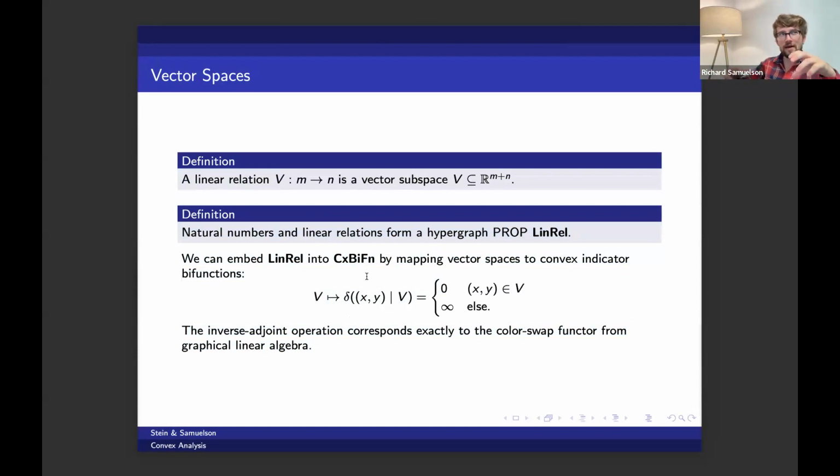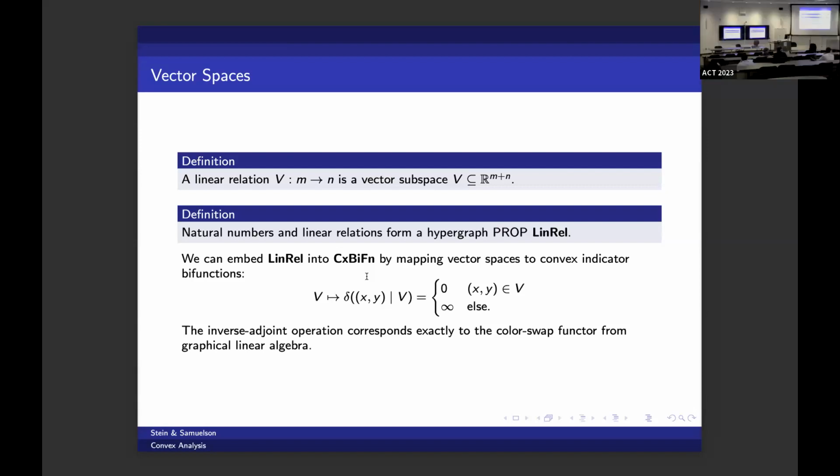Is the merge the indicator bifunction of the sum? No, the merge is the indicator bifunction of the merge in LinRel, which is not sum. It's like a transpose of copy, something like that. Okay, thank you. Yeah, so every linear relation can be represented, and this is kind of weird, as both a convex set, but also as a convex function.